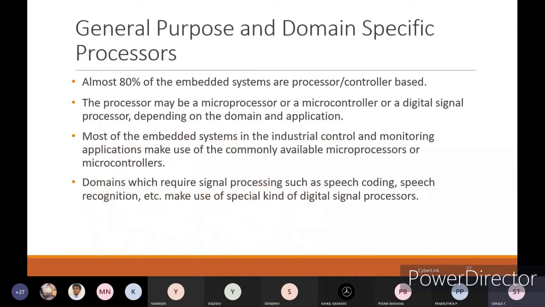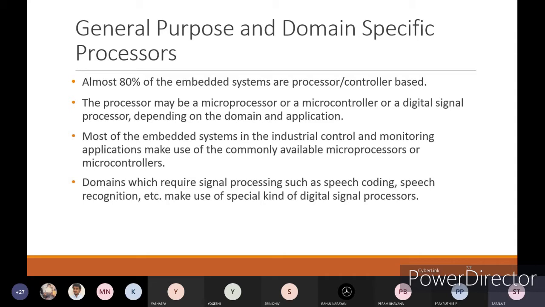General purpose and domain specific processor: almost 80% of our embedded systems are processor or controller based. Whatever 80% of embedded systems are generated, they are processor or controller based.